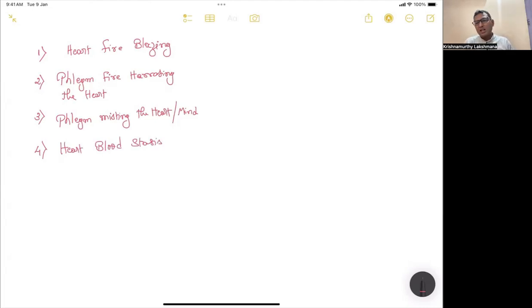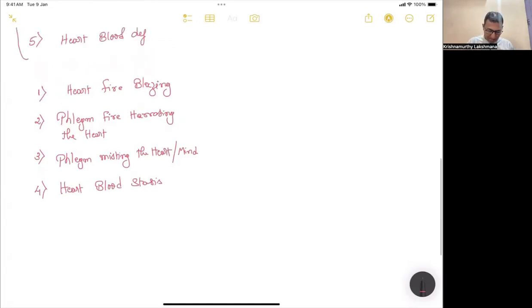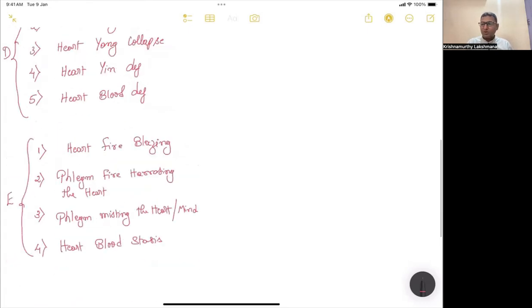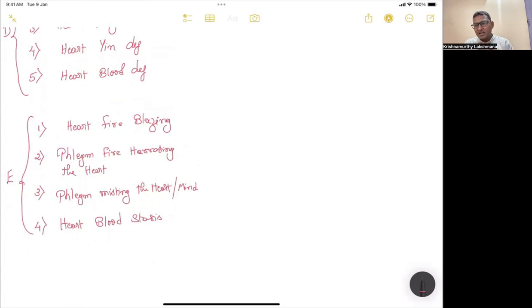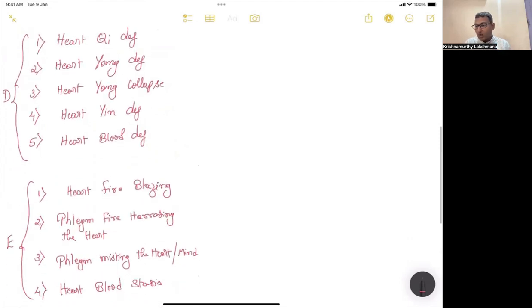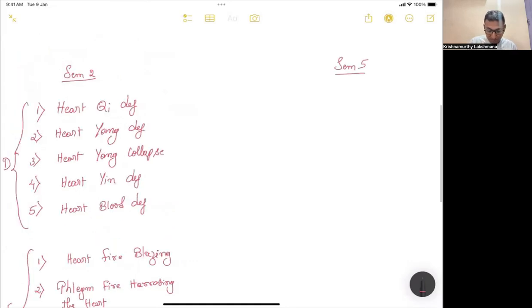These are the basic patterns. This is the excess type of disease. So 5 plus 4, 9 diseases is what the TCM says that you can get in the heart. That is what we have learned in semester 2.